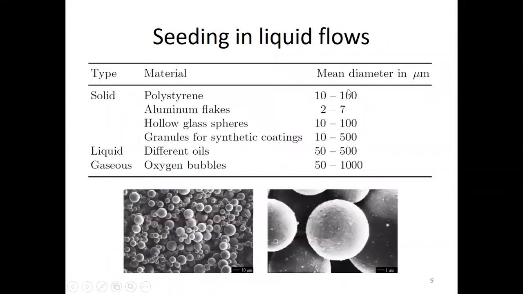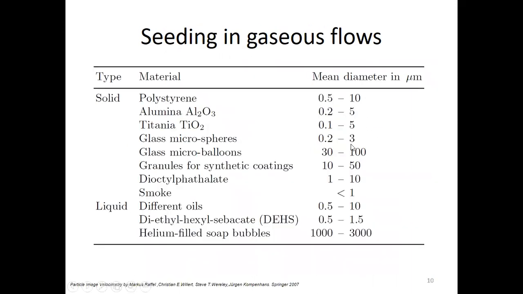When you talk about liquid flow, these big particles would not change it much because the water is really dense, quite strong, quite viscous. And you don't need many particles, so the total mass fraction of particles that you deposit will not change your liquid flow. But in gaseous flow, you should take much smaller particles because you need many particles, such that the overall average mass fraction of particles does not destroy the flow.